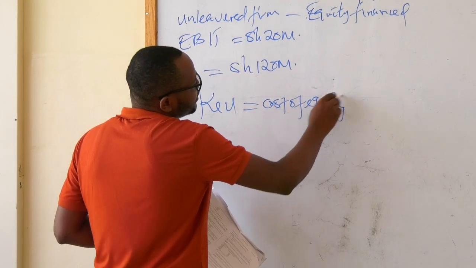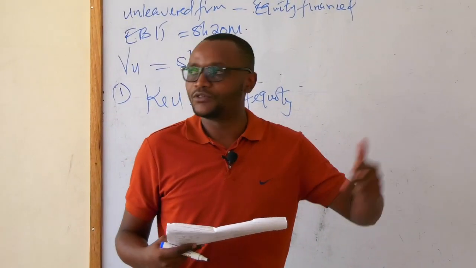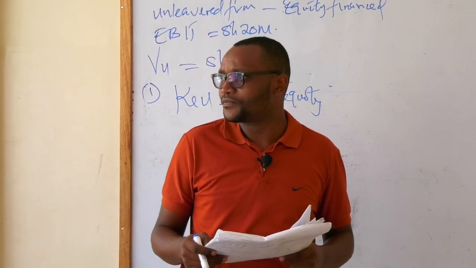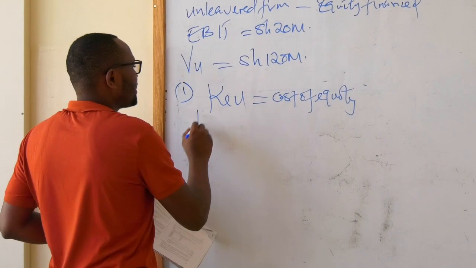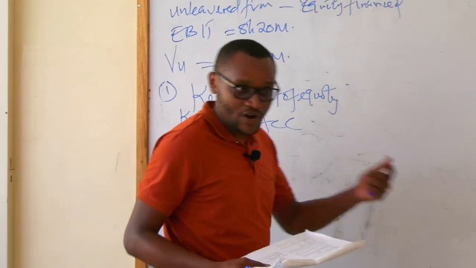And if you have done weighted average cost of capital, you realize most of the time we say Ke is equal to WACC. Ke is equal to WACC.